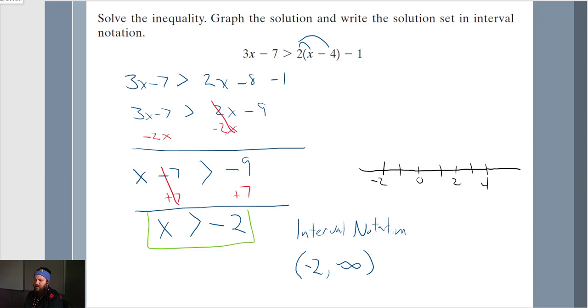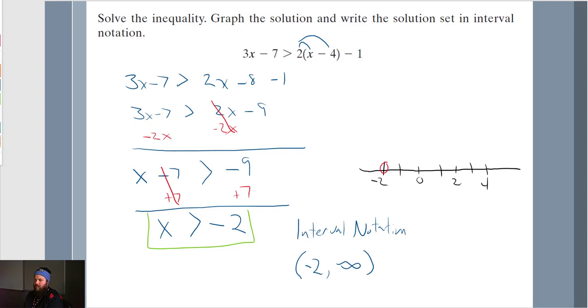And with this, because we are not actually going to touch -2, we have an open circle on -2. I'll make this a little thicker here.